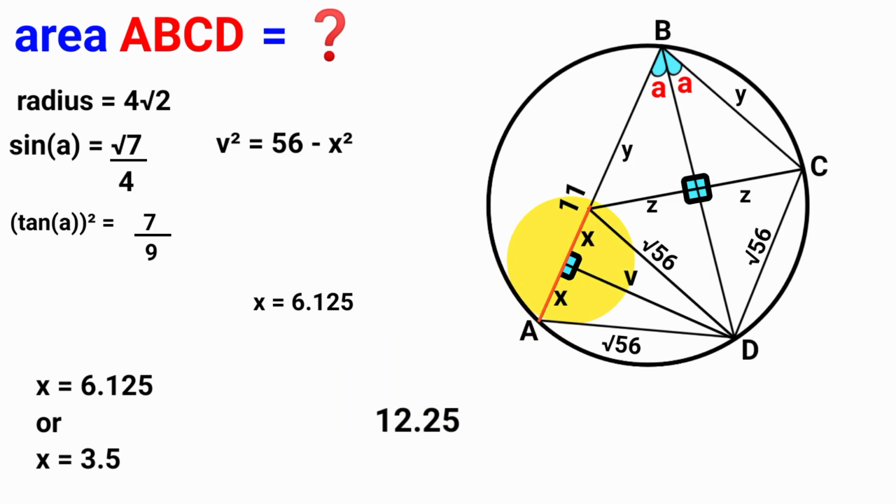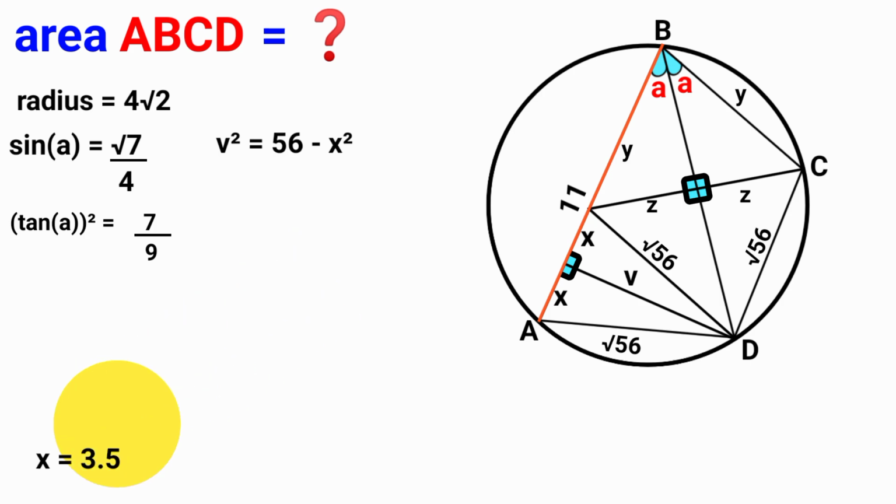The length of this segment is 12.25 units if x is 6.125. But we can see it is just a part of this chord AB. The length of chord AB is 11 units, which is less than 12.25, and it is not possible that this segment is longer than chord AB. So x equal to 6.125 is not the right answer. Therefore, x equal to 3.5 units.